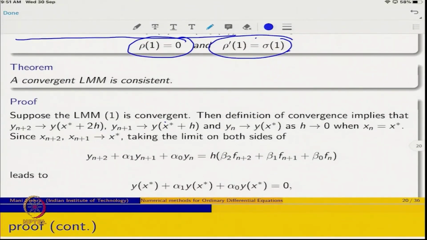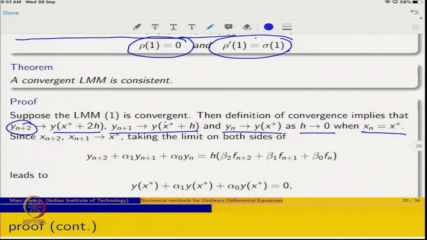The definition of convergence implies that y(n+2), which is a solution of the difference equation at x(n+2), will converge to this. Here, basically x star is x(n). Similarly, using the definition of convergence we can say this also as s tends to 0.